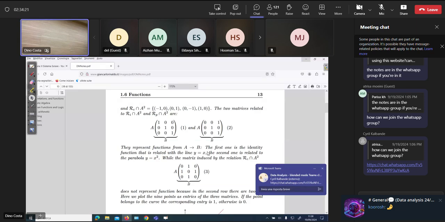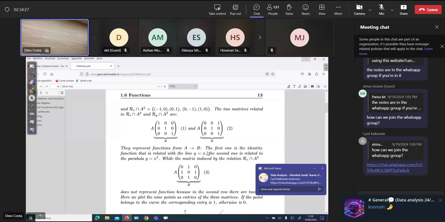Identity matrix, identity function. It is satisfied only on the diagonal. If you remember the representation of a relation with a matrix, this is the matrix of the identity function.